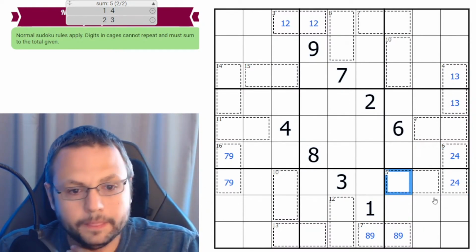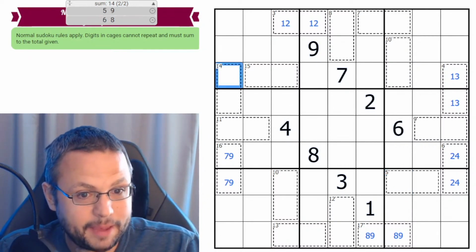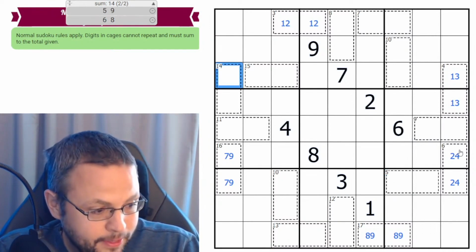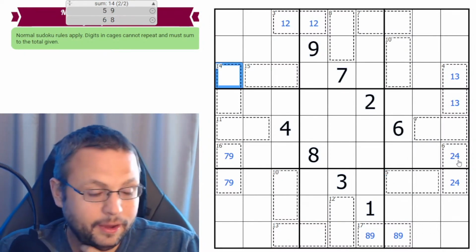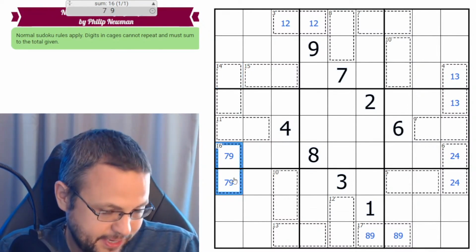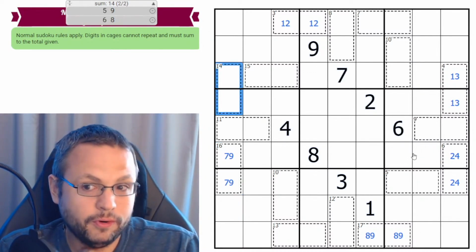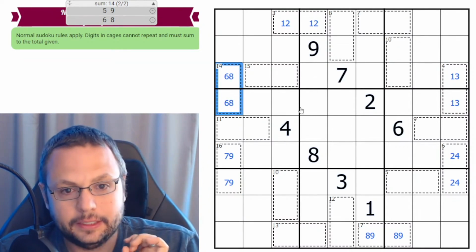Alrighty. So I bet the same thing is going to happen over here with this 14 cage. So the 14 cage has 2 ways of making it, which are 6, 8, and 5, 9. But there's a 7, 9 down here. And so the 14 cage here is going to have to be 6, 8. Okay.